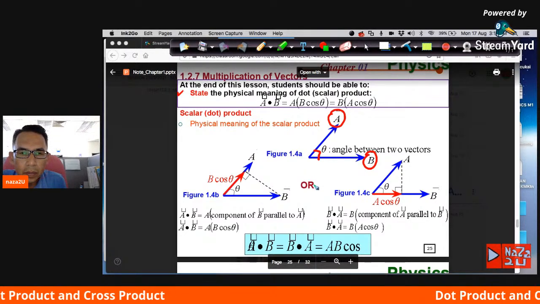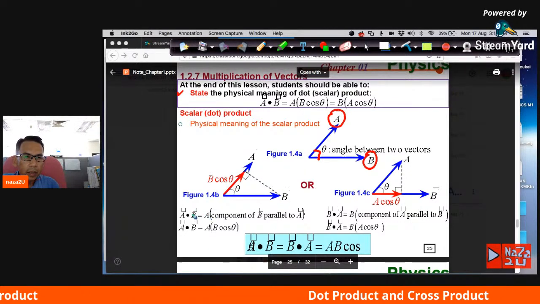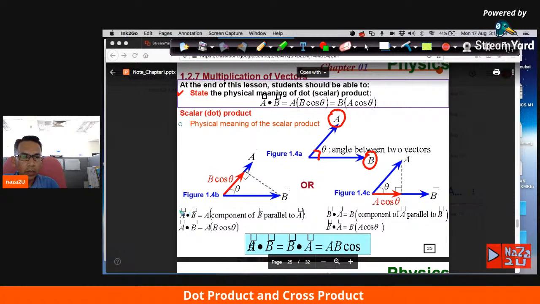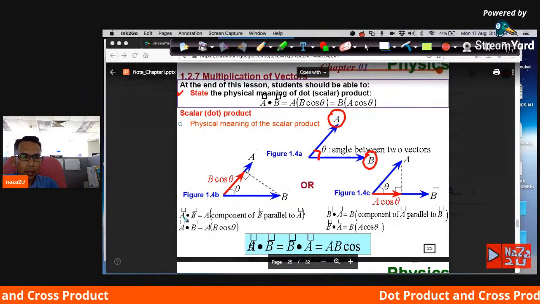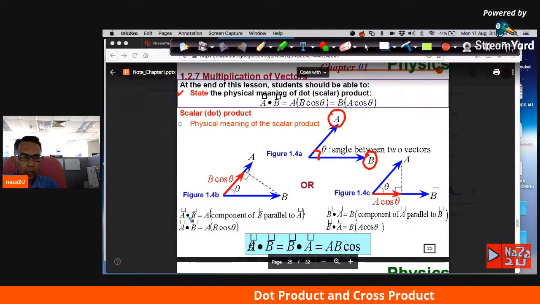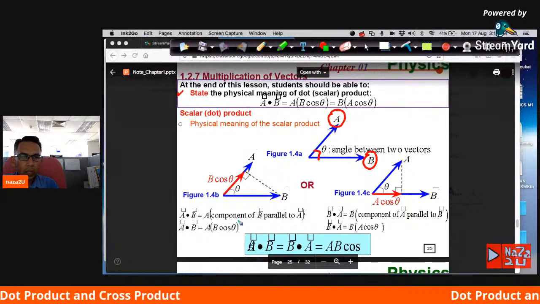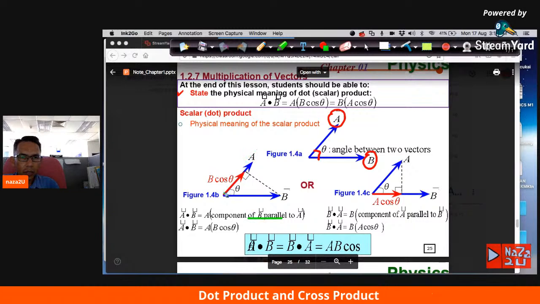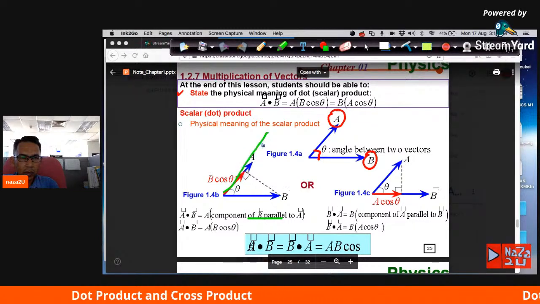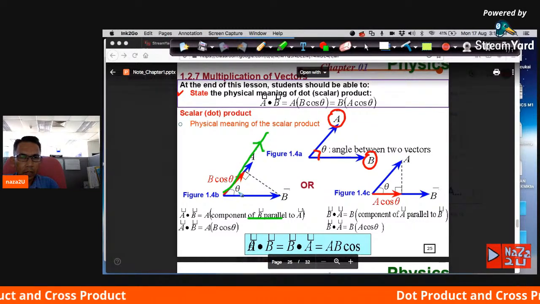Kat sini dia ada sedikit masalah, simbol sepatutnya di sini adalah vektor A, vektor B. Saya rasa kamu boleh nampak sini. So vektor A dot vektor B is equal to A component of B parallel to A. This is vector A, direction upward, and this is theta.